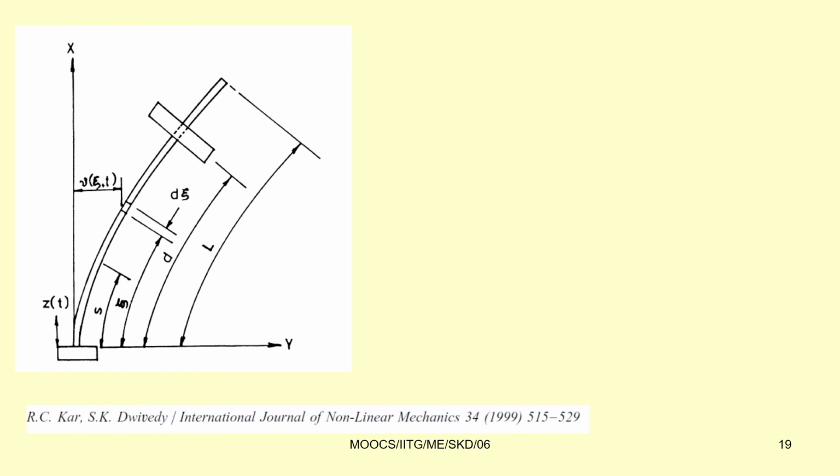In the spatio-temporal equation of motion, the transverse displacement of the beam v(s,t) can be written by considering a number of modes, equal to the sum of psi_i(x) and q_i(t).